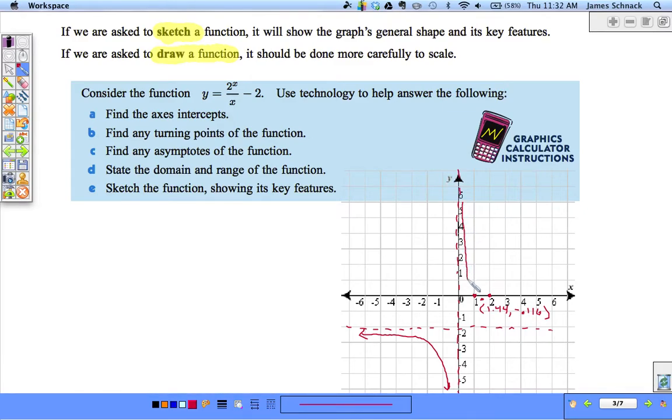And here comes the graph down through the intercept, hits the minimum, back through the intercept, and off it goes. There is my sketch of the function. I have my key features labeled. I give the equations of the asymptotes, and we are done.